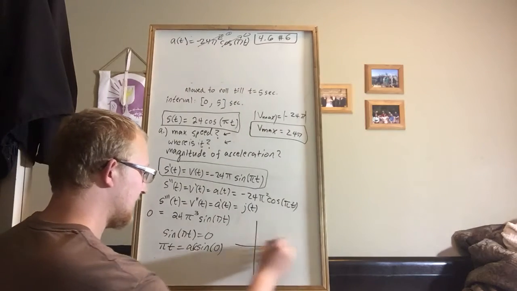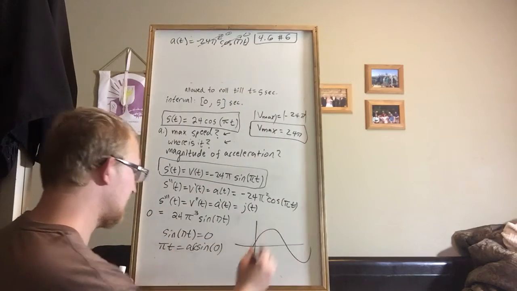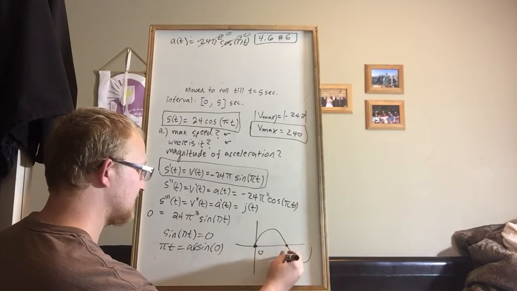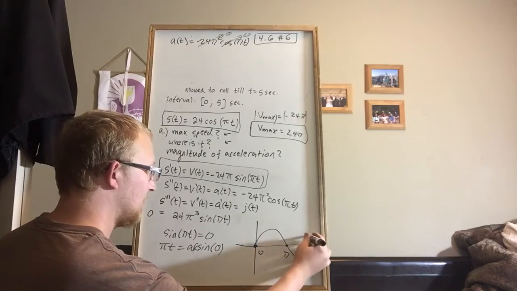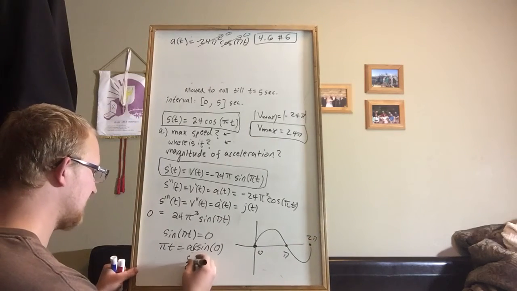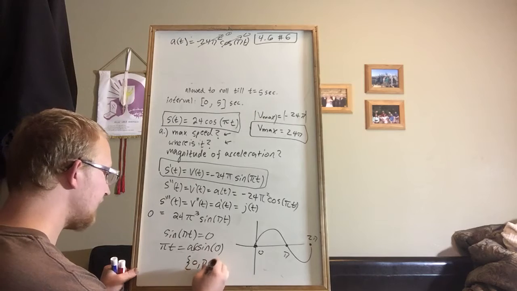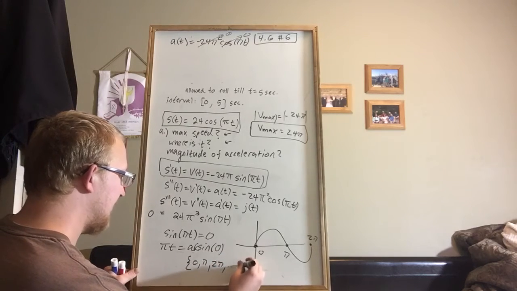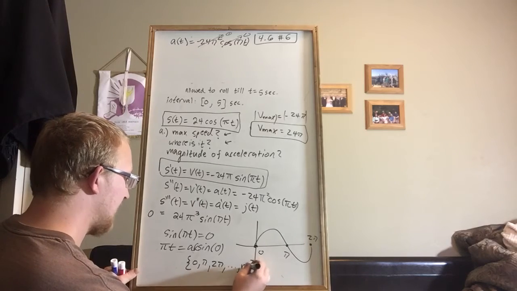And the arc sine of 0 is asking at what points will the sine graph have zeros. If we look at the standard sine graph, sine has an output of 0 at 0, at pi, at 2 pi, and so on. And so our list here is going to be 0, pi, 2 pi, and so on, to any integer n times pi.